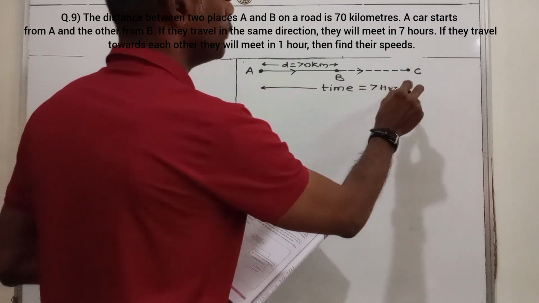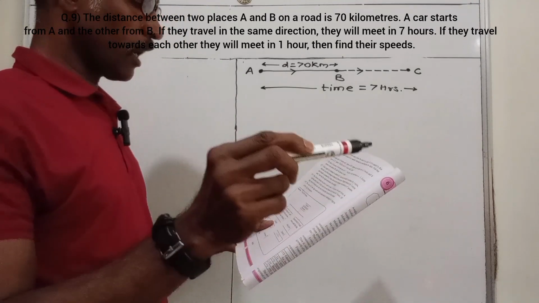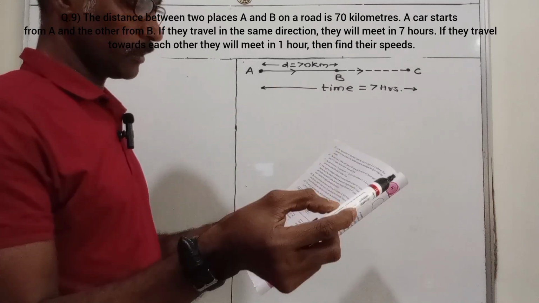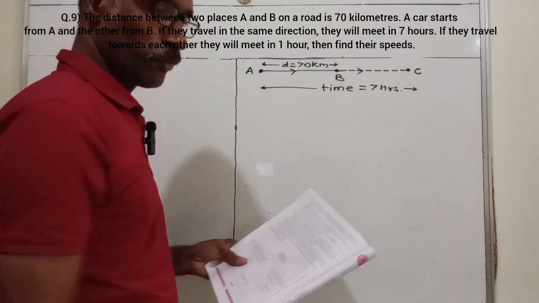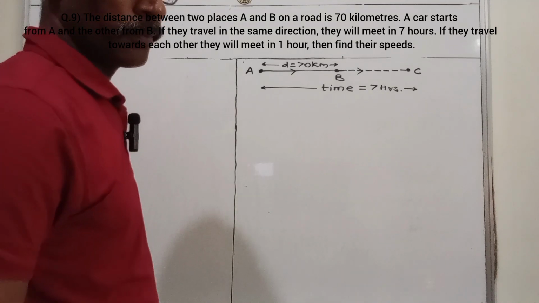See this carefully. If they travel towards each other, they will meet after 1 hour. I will show that another figure afterwards. Then find their speeds.